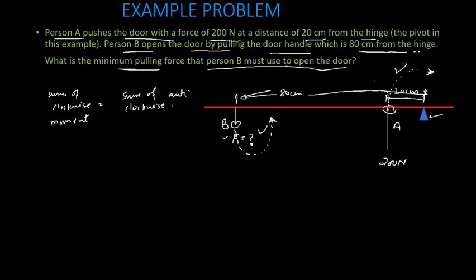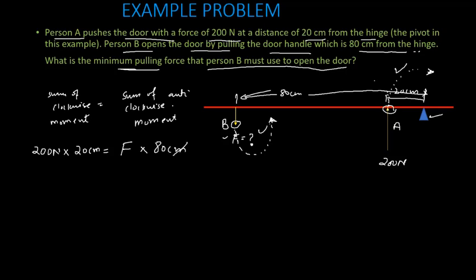Person A is causing a clockwise moment, so it can be calculated as 200 Newton multiplied by its distance, which is 20 centimeter, equals the sum of anti-clockwise moments. Person B is causing an anti-clockwise moment, so the force is unknown, let's call it F, and the distance D is known, which is 80 centimeter.